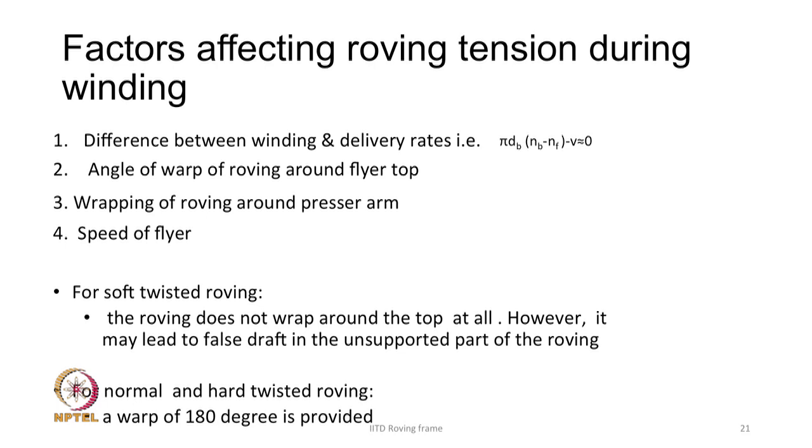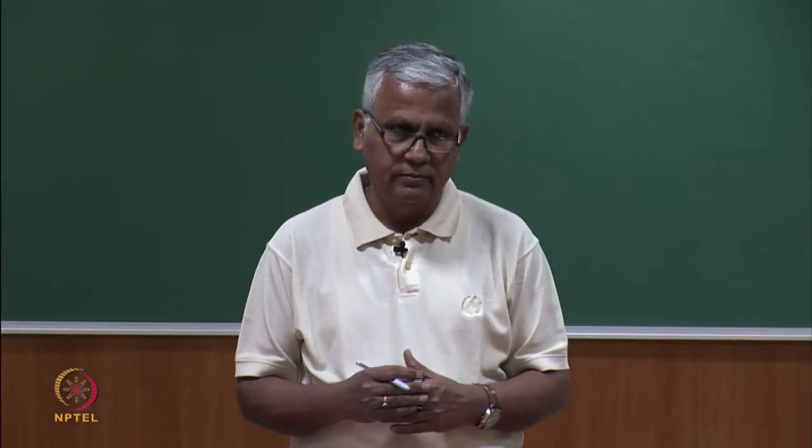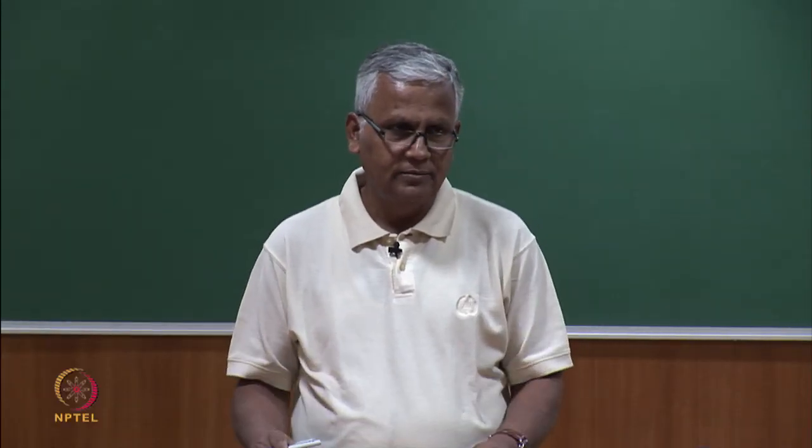So, primarily what are the factors which affect roving tension? One is the difference between bobbin surface speed and delivery rate; these two are the most important factors. Here there should not be too much of a mismatch, otherwise if the bobbin surface speed is much higher than the delivery rate of roving, then what is going to happen?